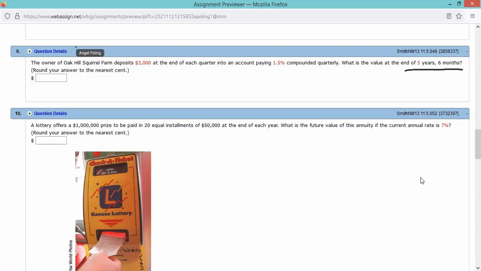So here we have regular payments going in of 3,000 each quarter, paying 1.5% for 5.5 years, which is a total of 22 compounding periods. We'll double check that.